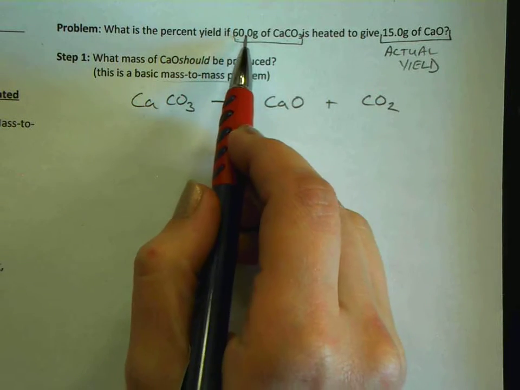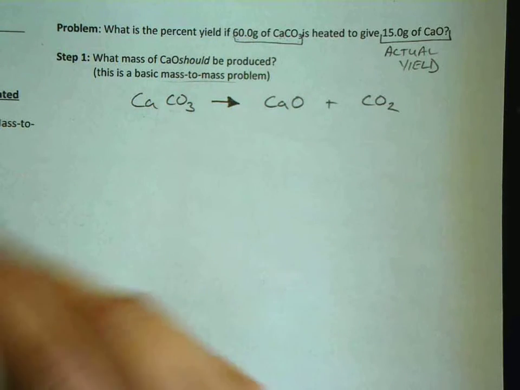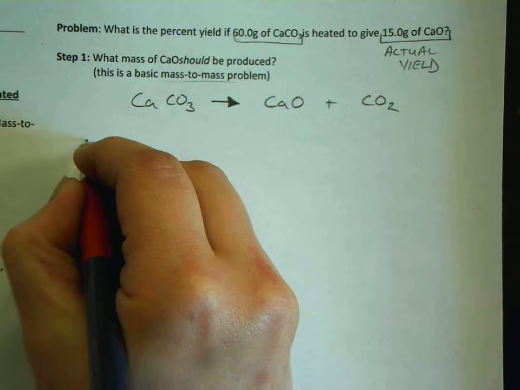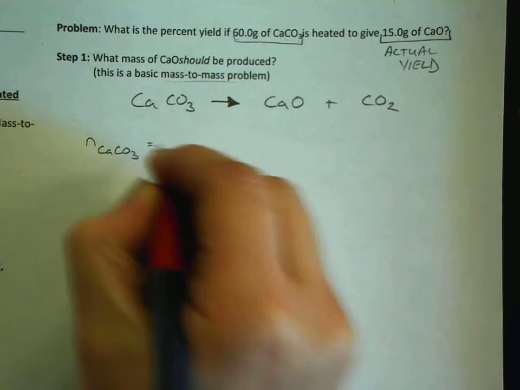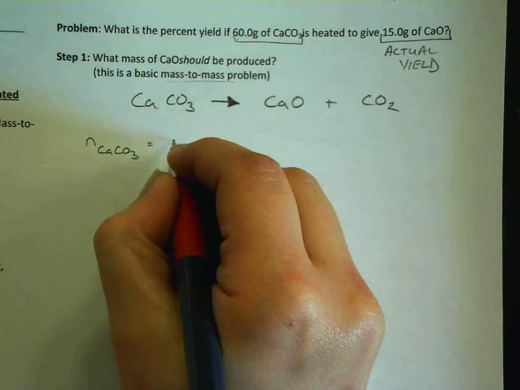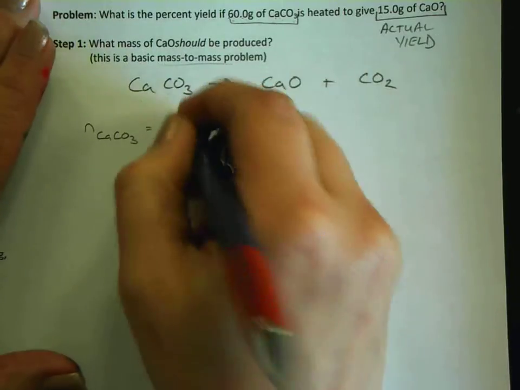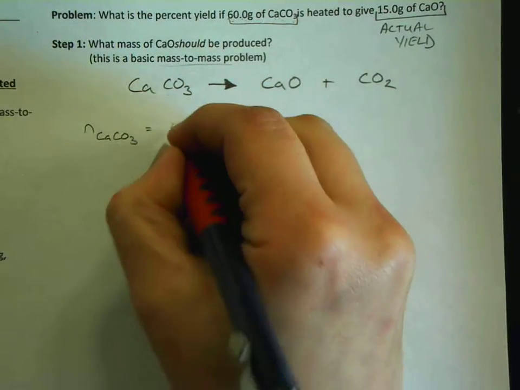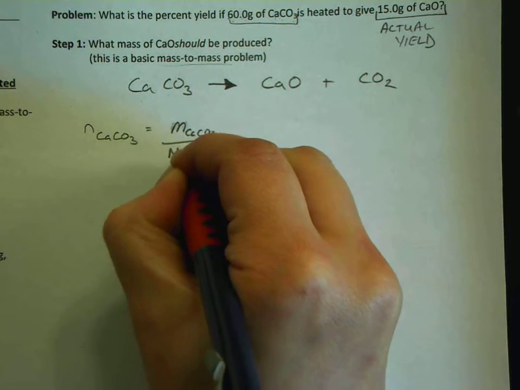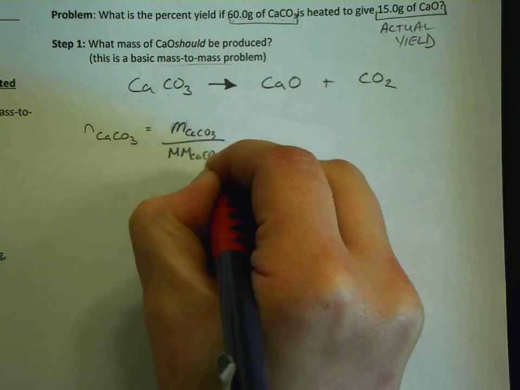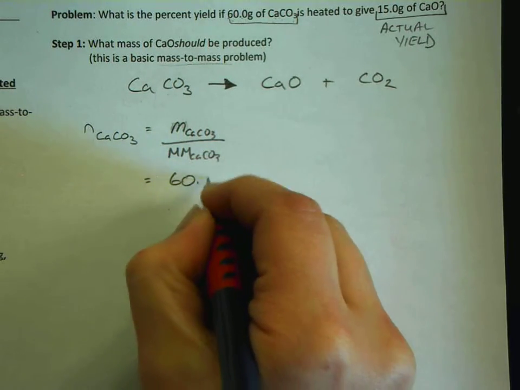We have started off with 60 grams of calcium carbonate. The first step is to change grams to moles. The number of moles of calcium carbonate is equal to the mass divided by the molar mass. The mass of calcium carbonate happens to be 60.0 grams.